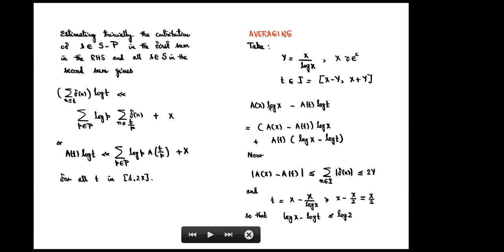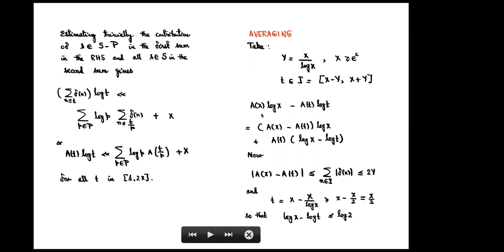So you can immediately write A(x) log x minus A(t) log t as (A(x) minus A(t)) log x plus A(t) times (log x minus log t). This is quite a straightforward rewriting.